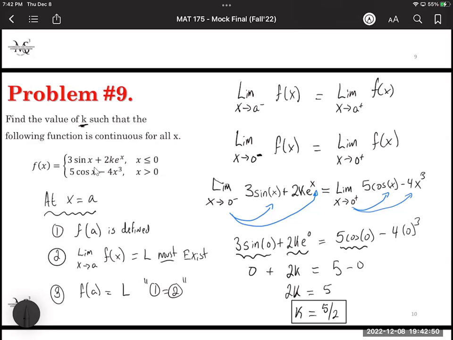Yeah, I have a question, Professor. Sure, go for it. So when x goes to 0 from the negative side, how did we determine that was going to be the first equation, 3 sine x? Oh, the reason why is because look at your inequality symbol. Your inequality symbol says that x is less than or equal to 0.